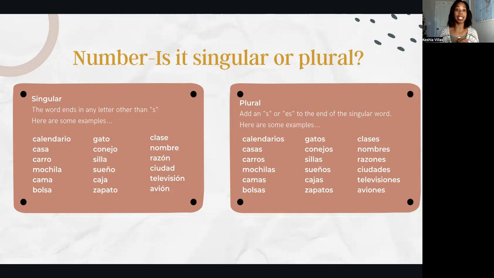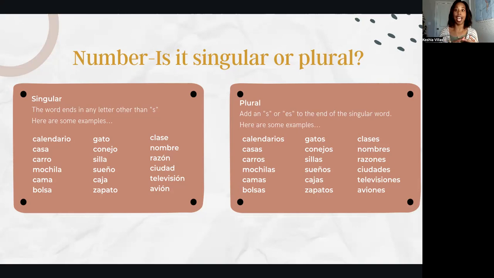Caja, box. Zapato, shoe. Clase, class. Nombre, name. Razón, reason. Ciudad, city. Televisión, television. And avión, airplane. You're going to notice a few of these from the previous lessons that we've had in this series. Okay, let's look at how to make these plural.